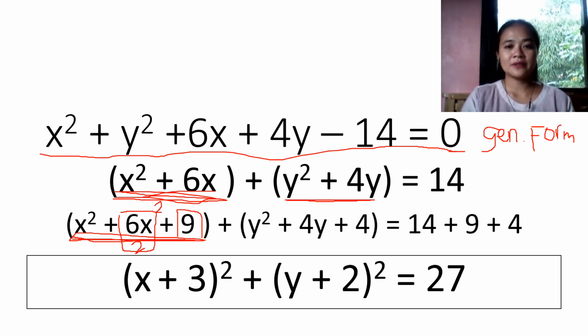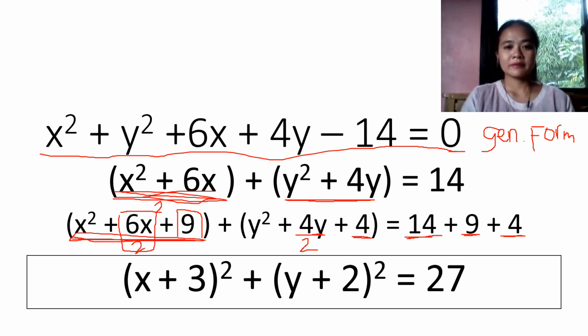Next, the same with the second term of the y variable, you have to divide it by 2. 4 divided by 2 is 2. Square 2, the result is 4. And then 14 is the constant number in the given general form. Then 9 was added to the x variable, and 4 is also added to the y variable.